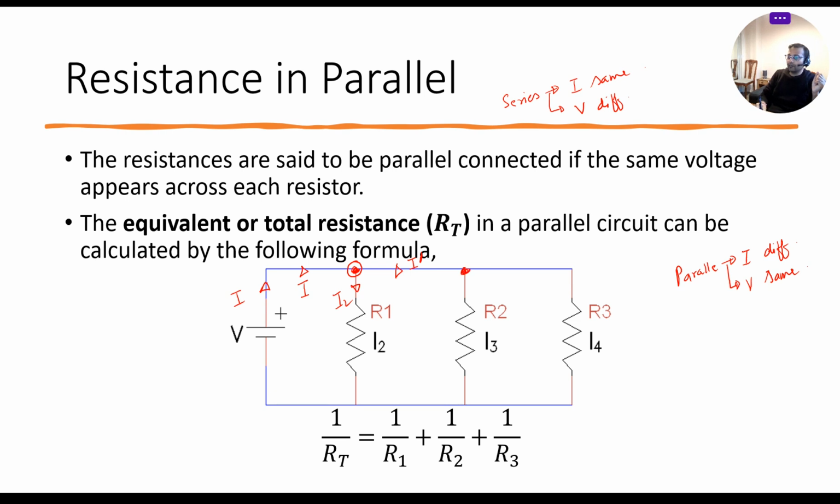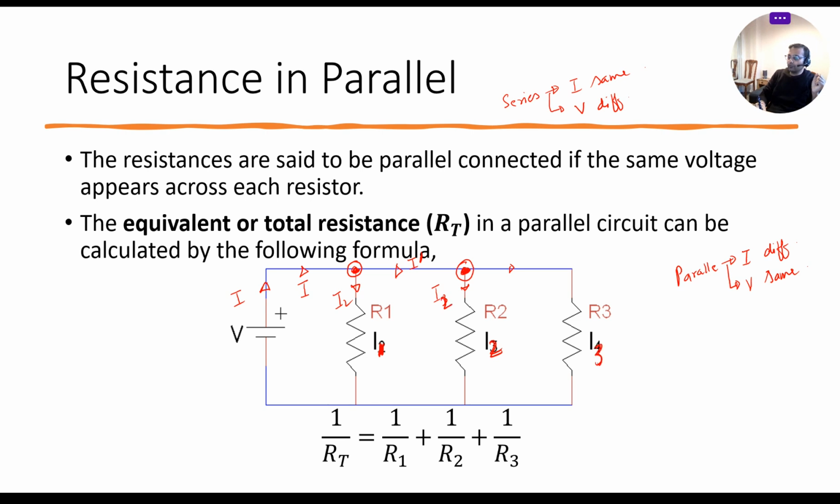Then again, at this junction, the current has two paths which it can flow in. So again, I dash will get divided between the two paths. So I3 will flow through this, then I2 and then I3.